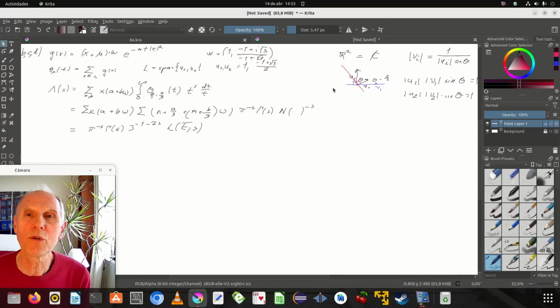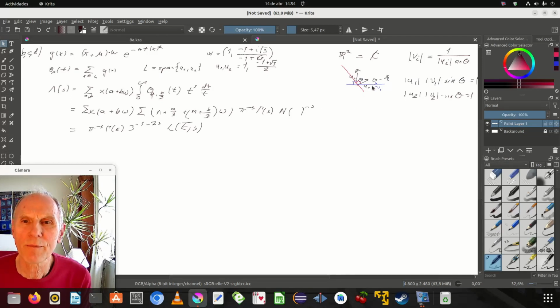And what we will be doing later is to multiply v1 and v2 with minus i. And that means that we rotate them 90 degrees backwards, or minus 90 degrees.